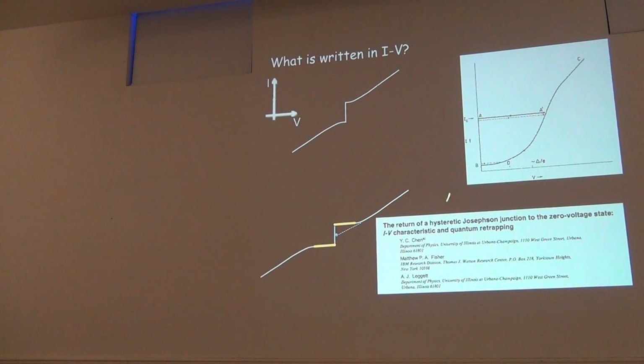But the retrapping current has been a big issue. Look here: Leggett, Fish, and Chen say the return of hysteretic junctions is quantum retrapping. This is just to tell you that these IV curves are extremely rich, and when the junction goes back, there is also important information that we have to read and decode.